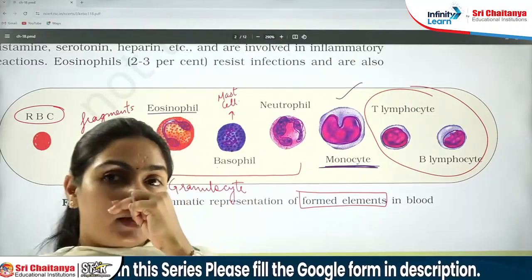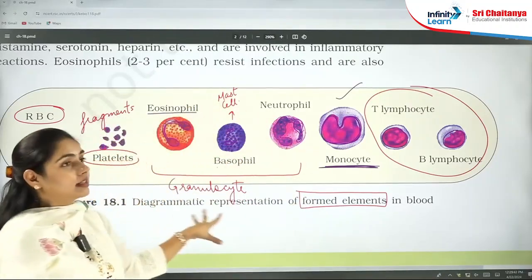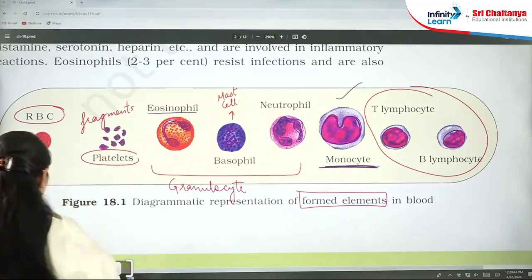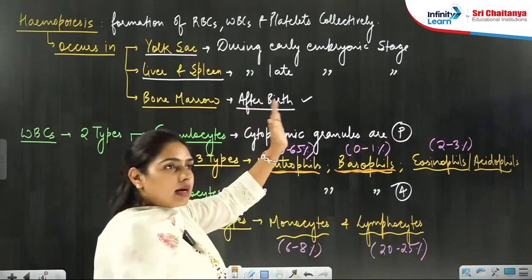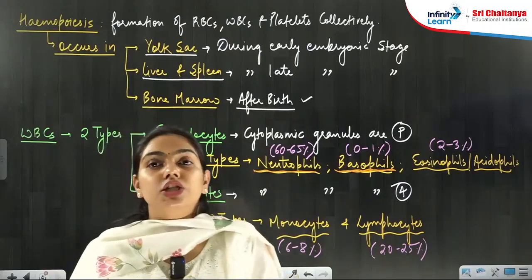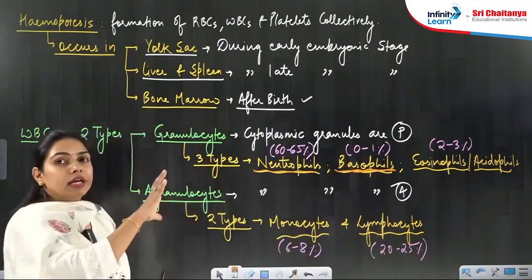Lymphocytes are of two types, B lymphocytes and T lymphocytes. So these all are the types of WBCs. We will discuss more in detail once I start the body fluids and circulation chapter, each and everything in detail. Now, simply the brief.